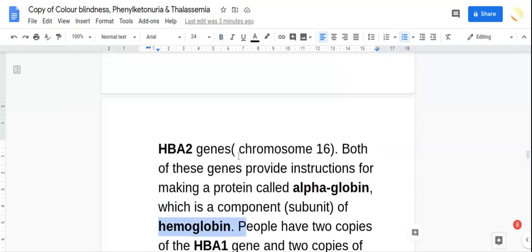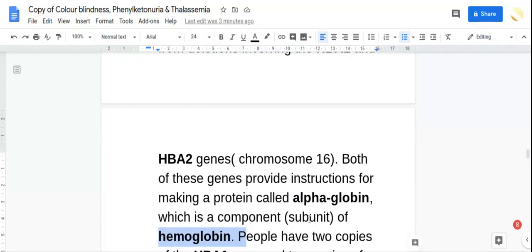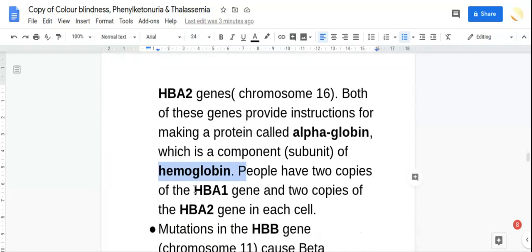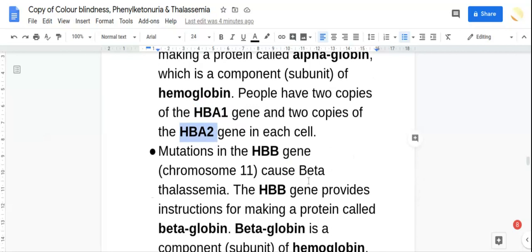So if these two genes, that is HBA1 and HBA2, are defective, then alpha globin synthesis gets affected. Now, please note, since genes are always in pairs, you will have two copies of HBA1, and two copies of HBA2. So, these are the genes that control alpha thalassemia.